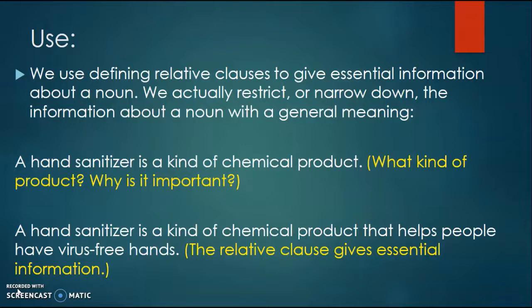But when we add the relative clause, the meaning becomes clear, as in, a hand sanitizer is a kind of chemical product that helps people have virus-free hands. And in this one, the relative clause gives essential information and we have no other questions about the type or the ingredient or the function of hand sanitizer.